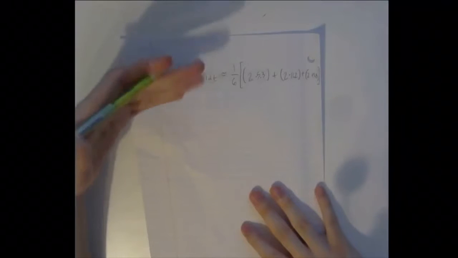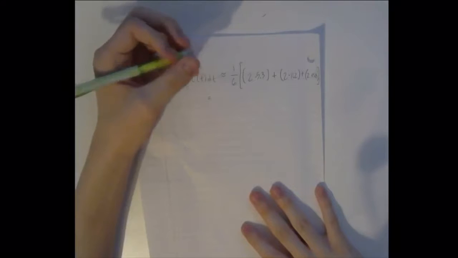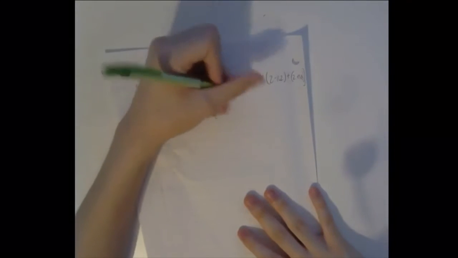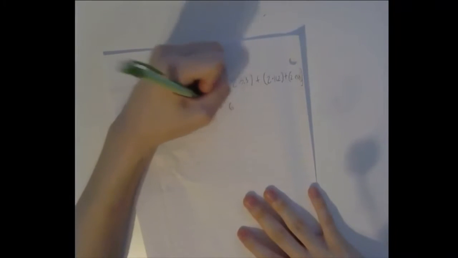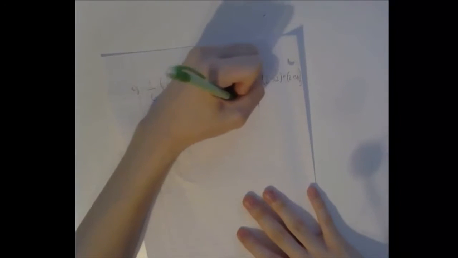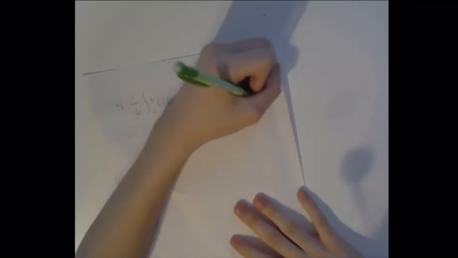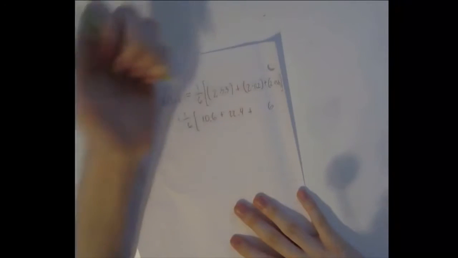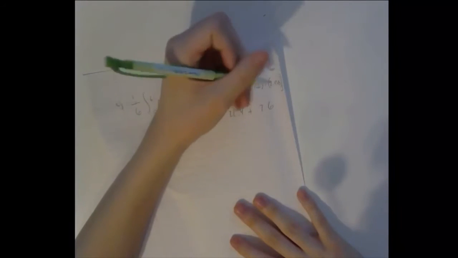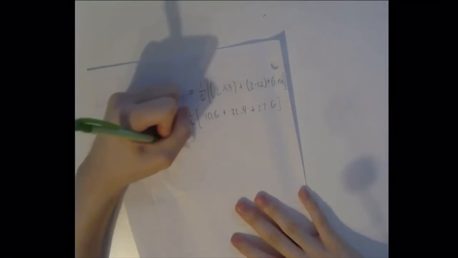Okay, so now that we have that down, we can just go ahead and simplify this. We'll do this multiplication first. 10.6 plus 22.4 plus 27.6, and we add these together.